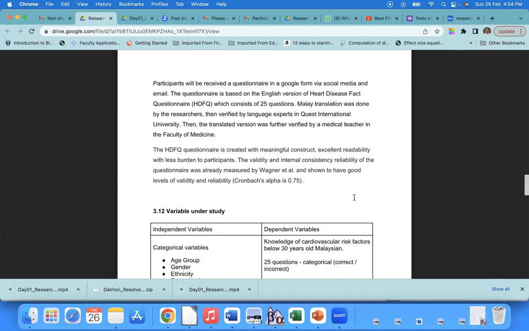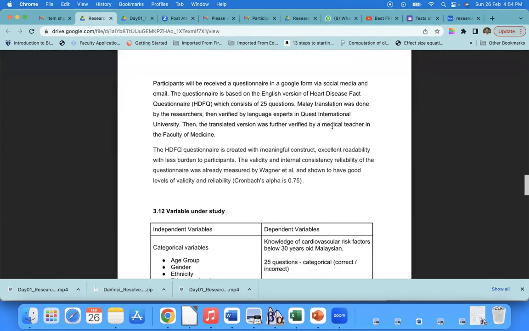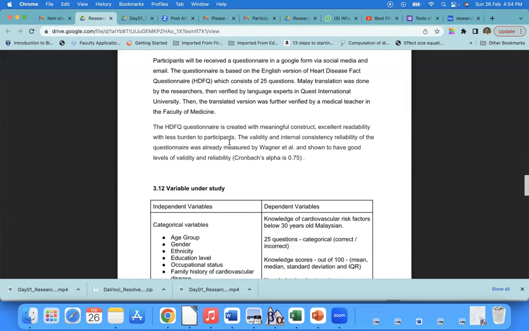When you are making a translation using a language expert, you have to verify with a medical person, because a language expert's wording may not be exactly correct according to a medical professional. After verifying with a language expert, the translated version was verified by a medical teacher in the faculty. Look at that: the heart disease fact questionnaire is created with a meaningful construct, excellent readability, with less burden to participants.